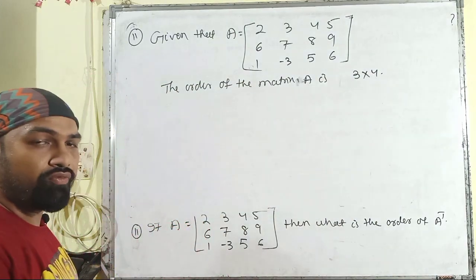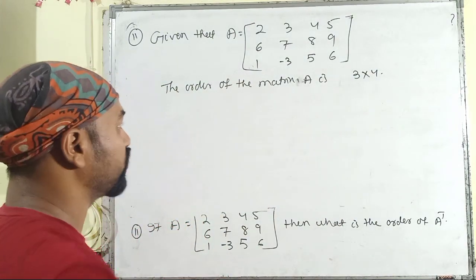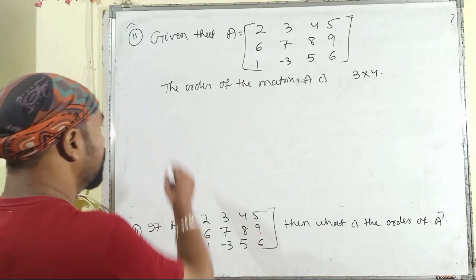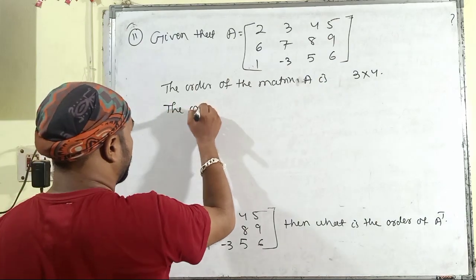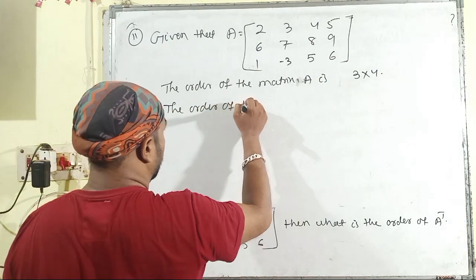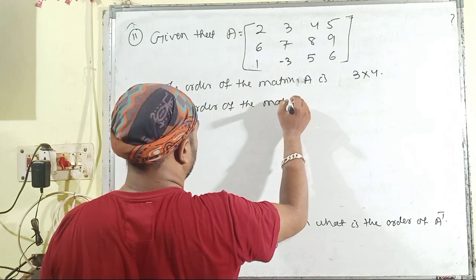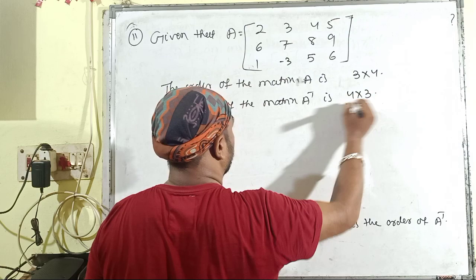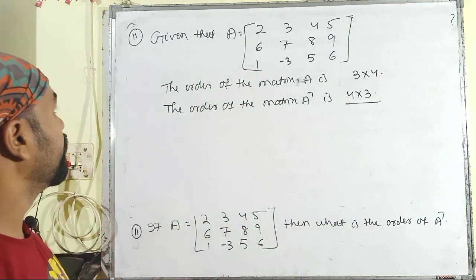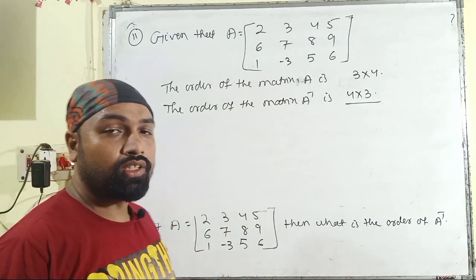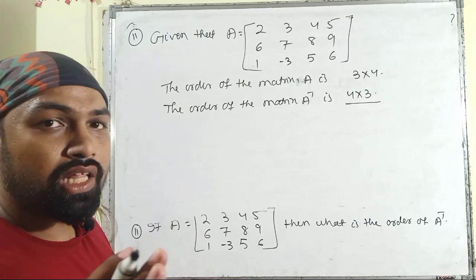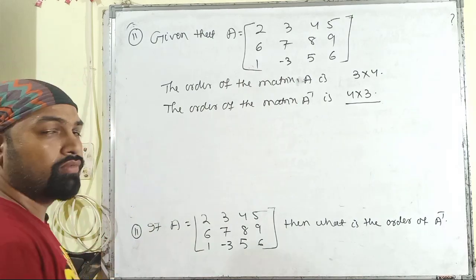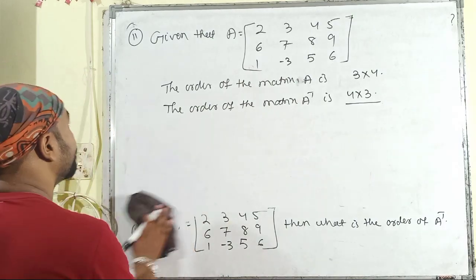Then the order of its transpose will be the reverse of the order of the matrix A. So the order of the matrix A transpose is 4 cross 3, which is the required answer for the problem number 11. Then we will move to the problems number 12, 13, 14 and 15.